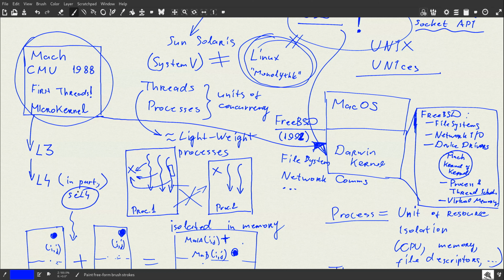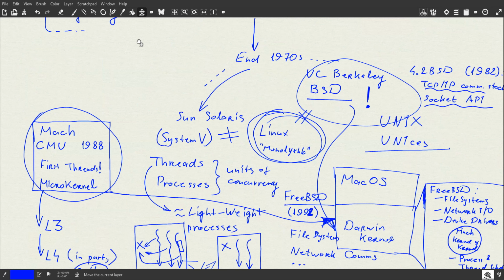But on the other hand, Linux nowadays is also affected by the Mach methodology. Actually, at about the same time when Mach appeared, Professor Andrew Tanenbaum from University of Amsterdam created another microkernel operating system which is called Minix.